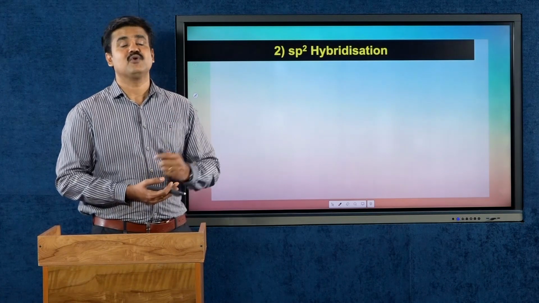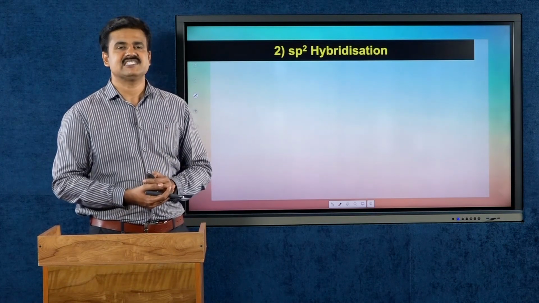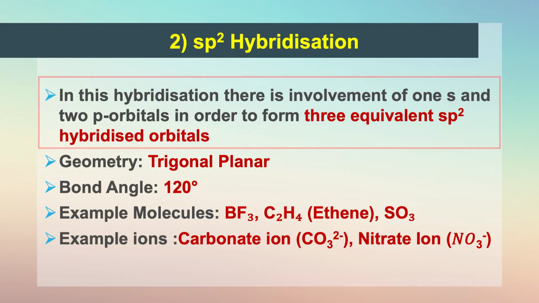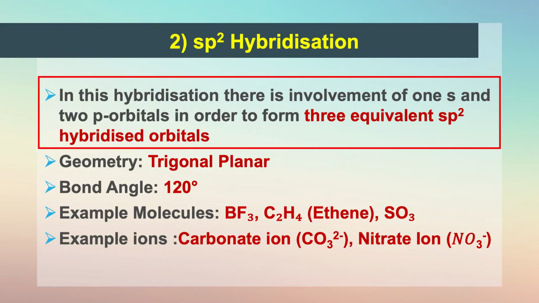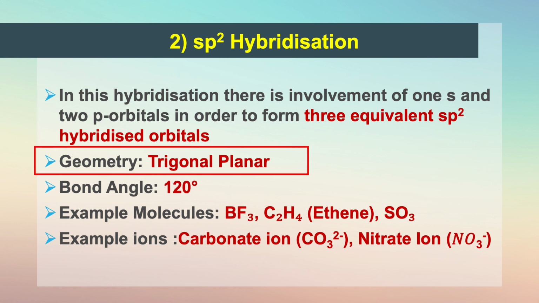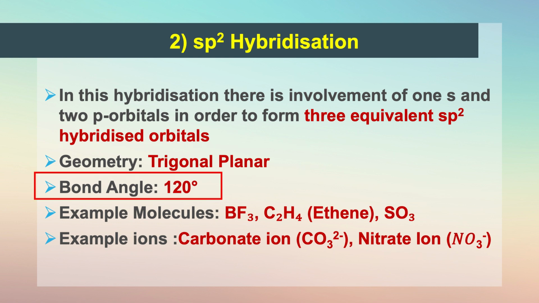Now we are discussing the second popular type of hybridization present in simple molecules and ions, that is sp2 hybridization. In this type of hybridization, there is the involvement of one s and two p orbitals in order to form three equivalent sp2 hybrid orbitals. The geometry that results from sp2 hybridization is trigonal planar, and the bond angle is 120 degrees.